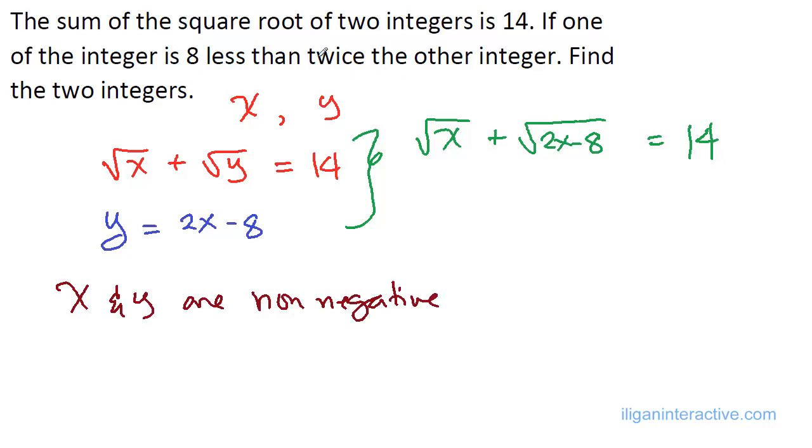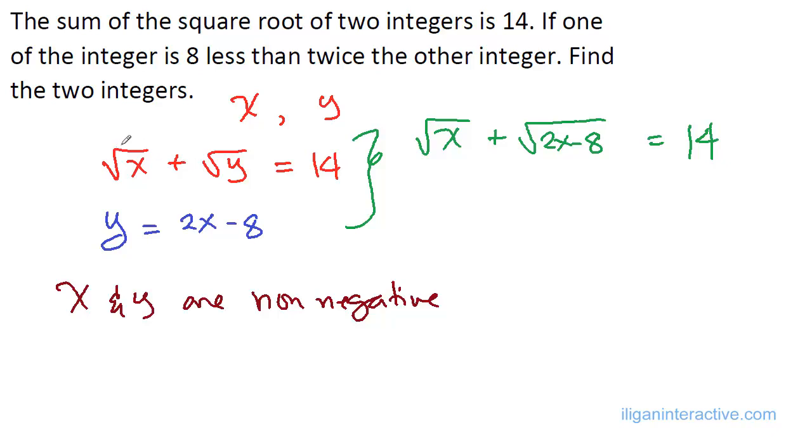And then if we add them, the total is 14. This gives us an idea that x and y are perfect squares. So this lets us take a guess for the values.